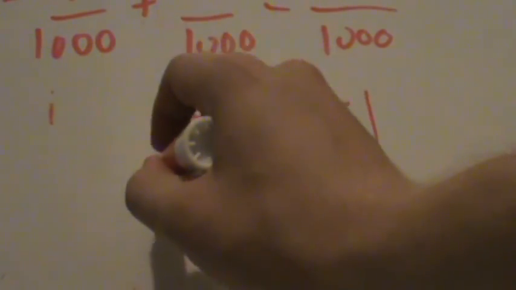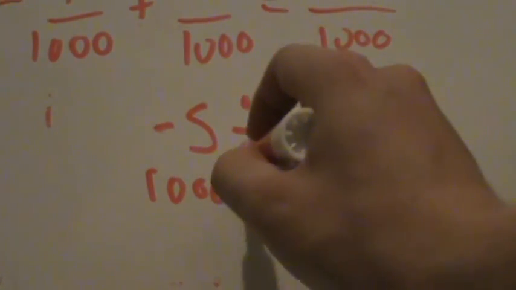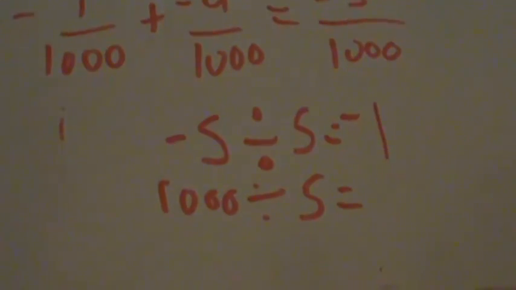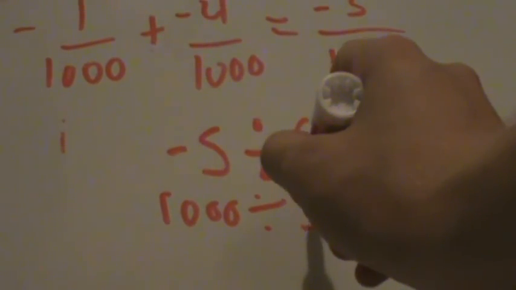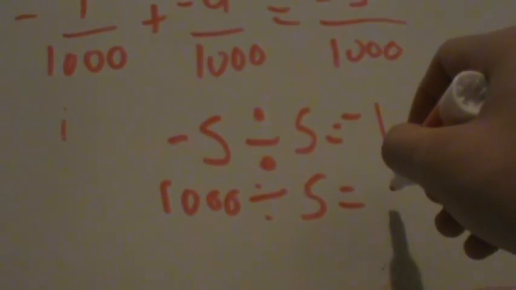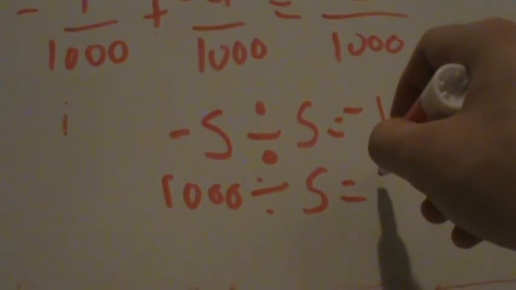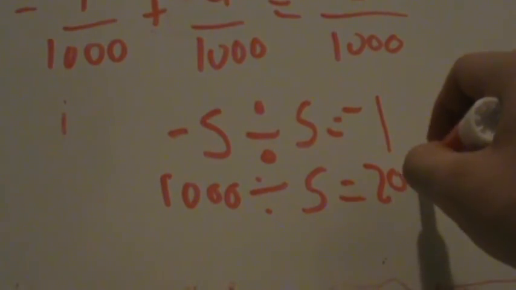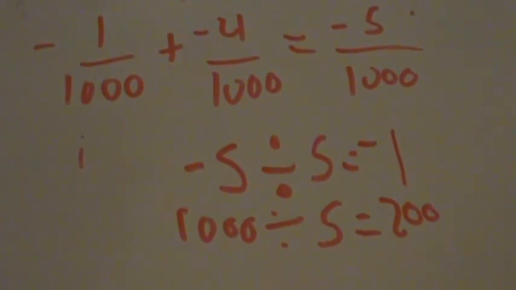Now, in the situation that you have 1,000 divided by 5, what is this equal to? Well, this asks how many groups of 5 are in 1,000. And there are 200 groups of 5 in 1,000.